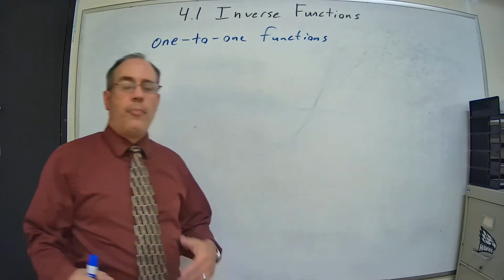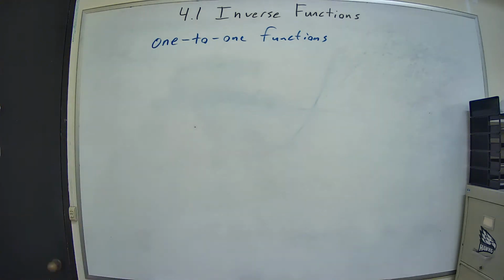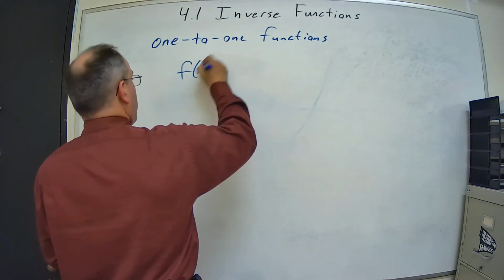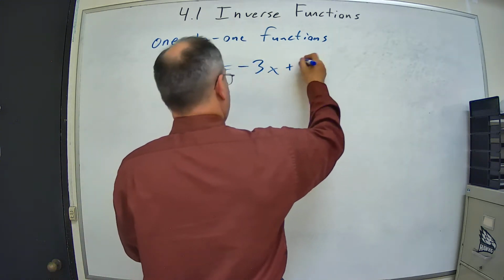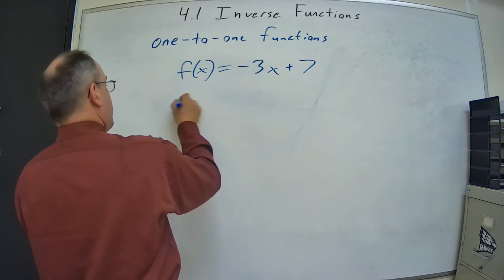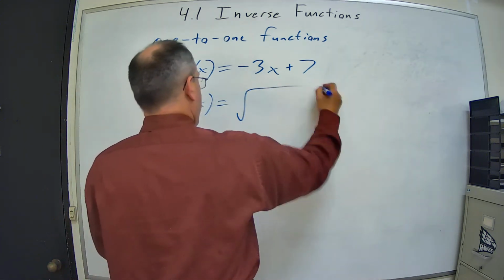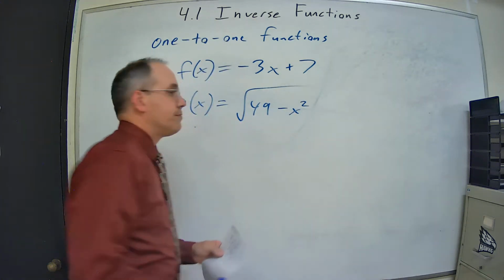So let's look at a couple functions by rules. So equations, I'm just going to grab a couple here. f of x is equal to negative 3x plus 7. And g of x is equal to the square root of 49 minus x squared.